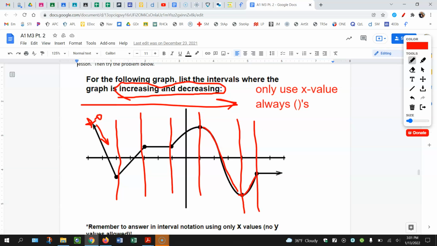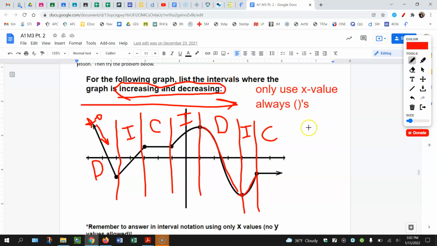If I break this into sections, the first section is decreasing, second increasing, third constant, fourth increasing, decreasing, increasing, constant. Then I'm going to use those sections to figure out the specific intervals where the function is increasing, decreasing, and constant.